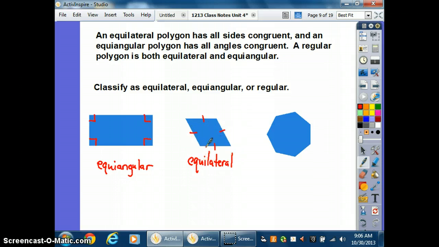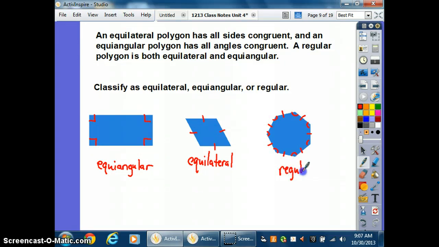The next shape. This has 7 sides. 3, 4, 5, 6, 7, and they're all congruent. The angles are all congruent also. When we have angles and sides congruent, it is called regular.